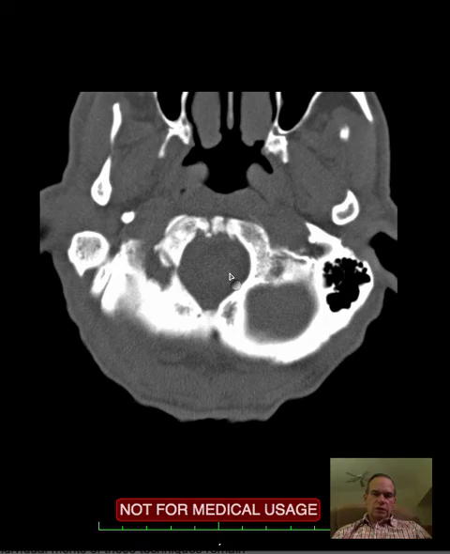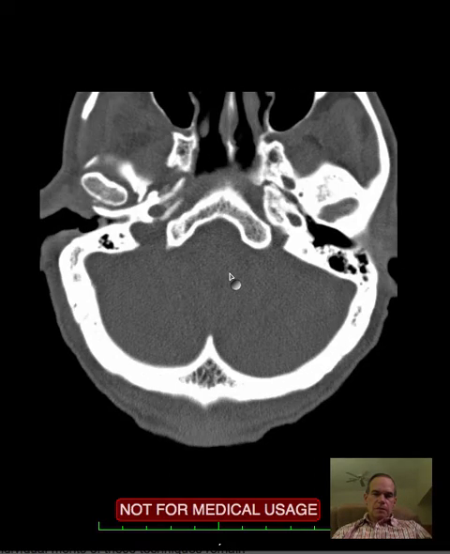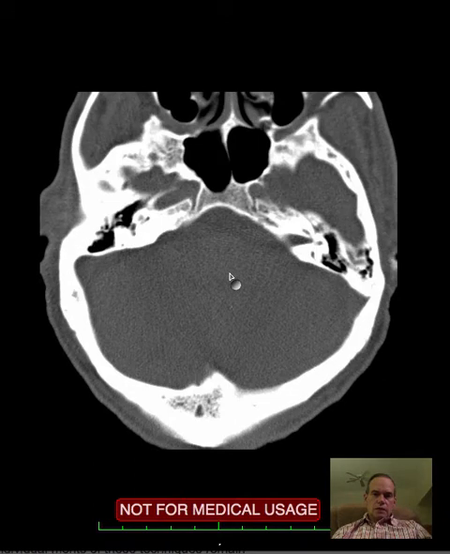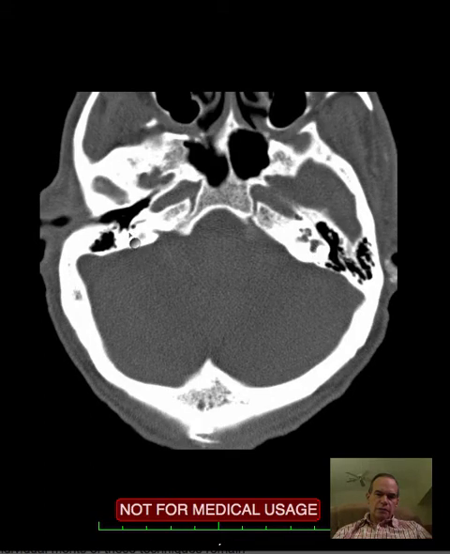Let's go up a little bit higher here. We see mastoid air cells on each side. We see the cochlea, which is the auditory area, and the vestibular apparatus over here. Cochlea and vestibular apparatus.